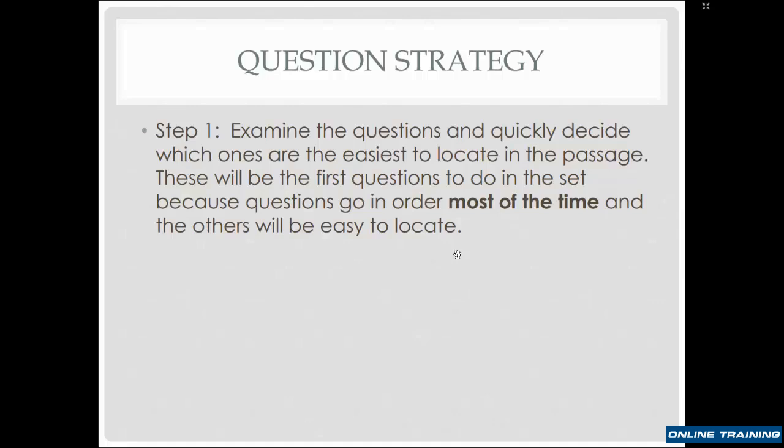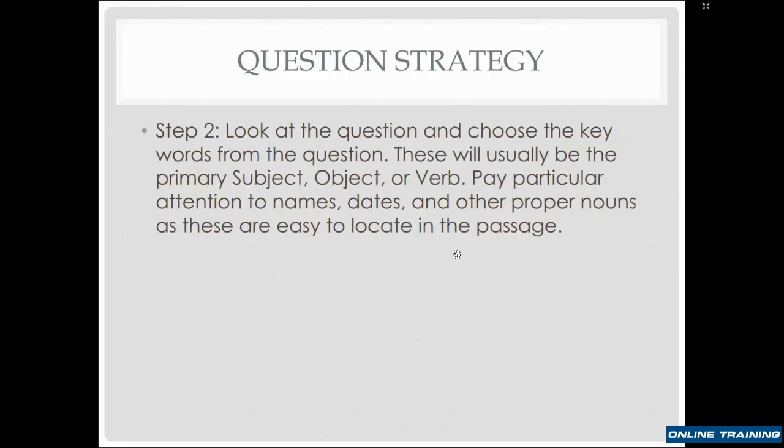Like I said, these questions go in order most of the time, but it is possible if you have two questions right next to each other that they will be reversed in terms of order. So you want to watch out for that. All right, so the basic strategy, we treat the strategy of the question just like a fill the blank question. Go to the passage, locate the sentence that has the keywords, and then read that sentence and put what goes on the blank line.